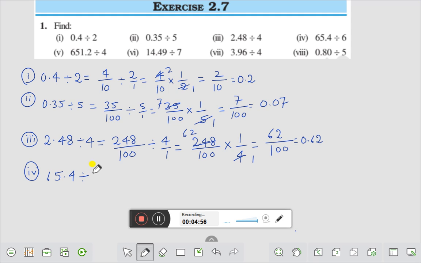Therefore we can write it as 654 by 10 divided by 6, or you can write 6 by 1. So you can write it as 654 divided by 10 into the reciprocal of 6 by 1, that is 1 by 6.